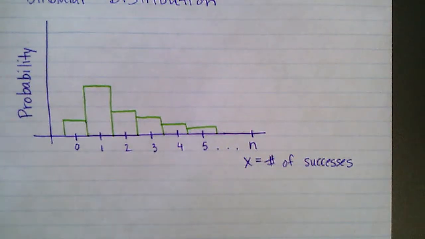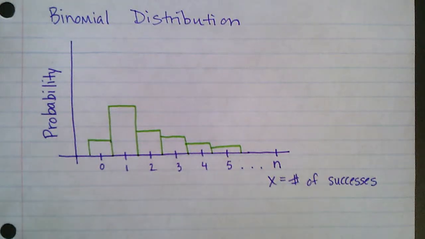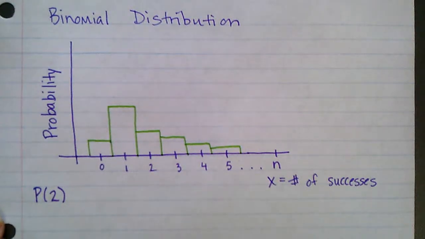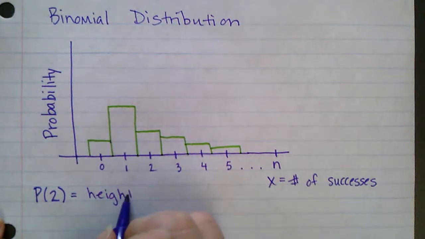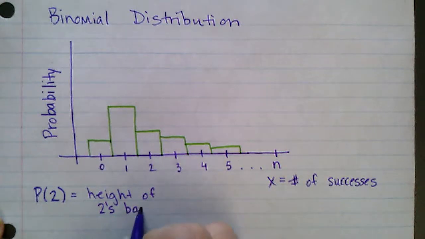Theoretically, let's say that n is 5, and this is what my probability distribution looks like. Then for my binomial distribution, P of 2 would be equal to the height of the 2's bar.